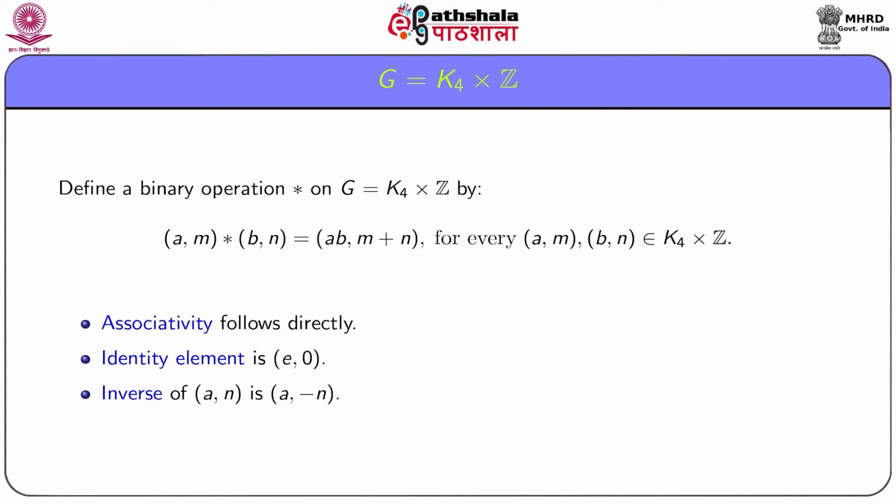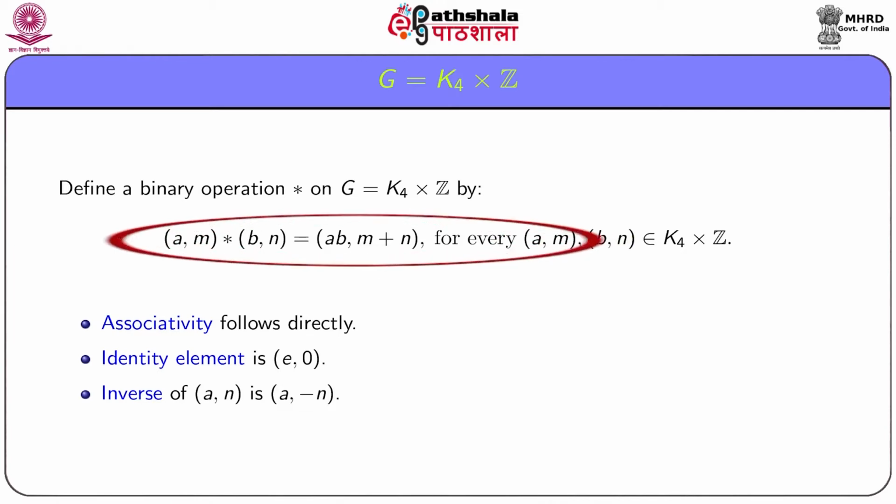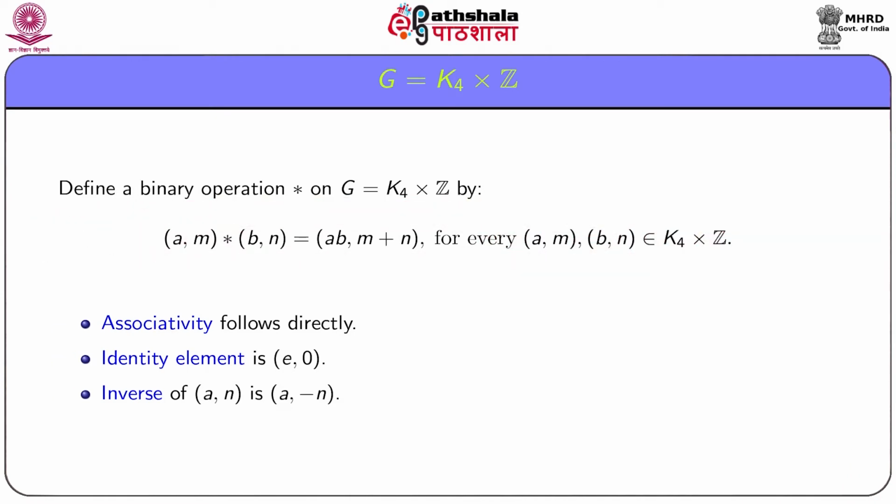So, naturally, if we take the product of (a, m) and (b, n) component-wise, that is (a, m) star (b, n) is equal to (ab, m plus n).